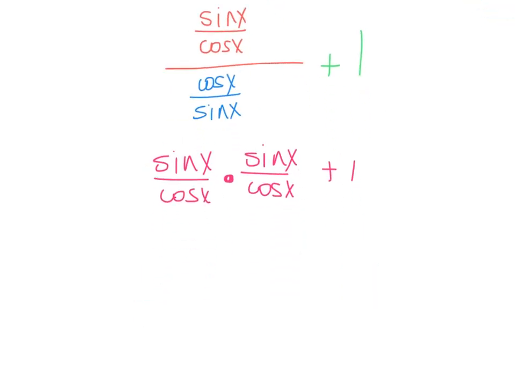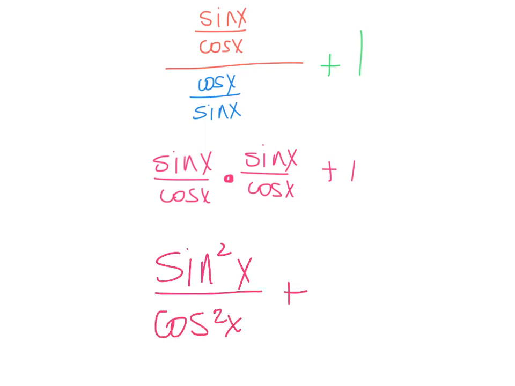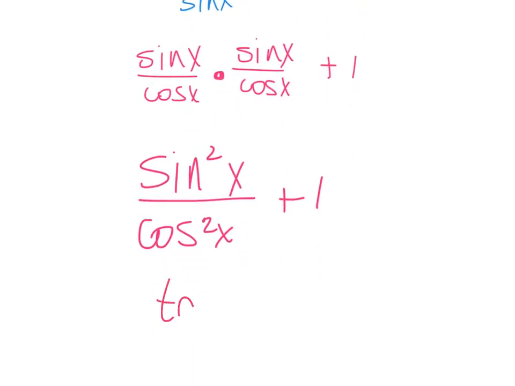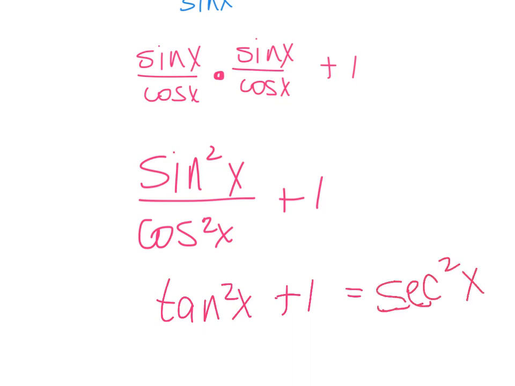So if we multiply, guys, sine squared x over cosine squared x plus 1. What's sine over cosine? Tangent squared x plus 1. I have a Pythagorean identity. It's secant squared of x.